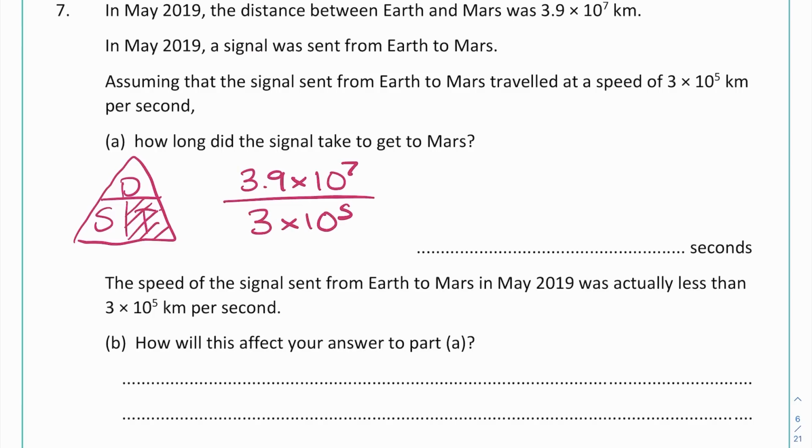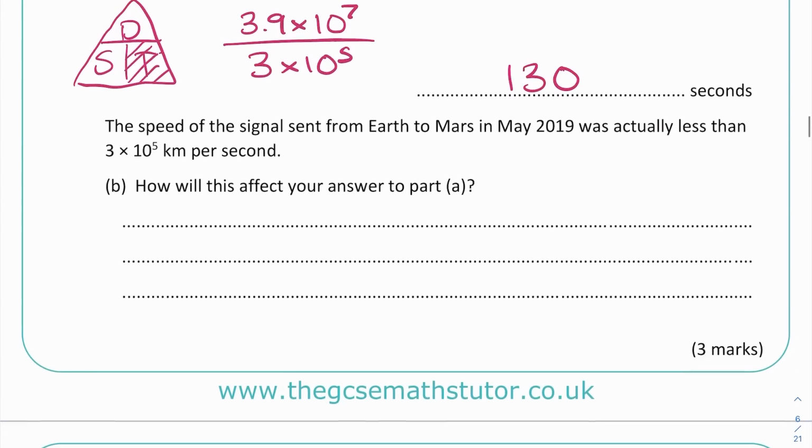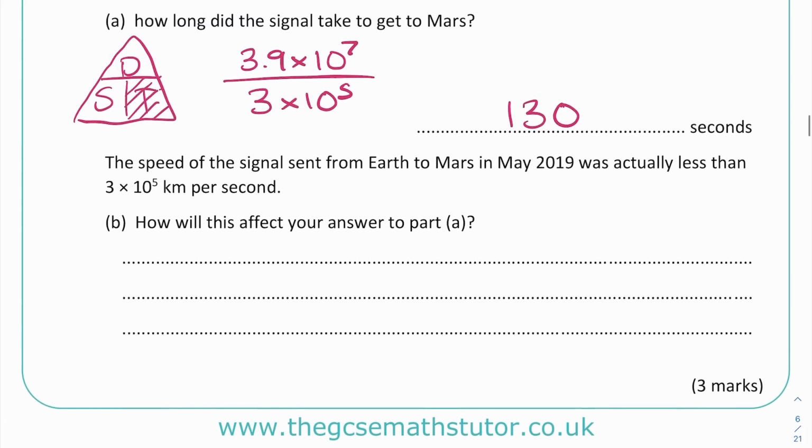We can just type this into a calculator. So press your fraction button, 3.9 times 10 to the power of 7, and on the bottom 3 times 10 to the power of 5. Press equals, and we get the answer 130 as our final answer. For the second part here, it says the speed of the signal sent from Earth to Mars was actually less than 3 times 10 to the power of 5.